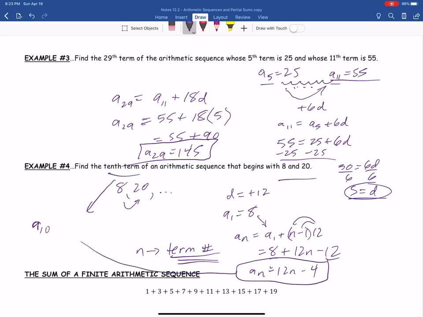Well, let's just go back up there and chuck 10 in for all of our n's. So A sub 10 is equal to 12 times 10 minus 4. That's going to be 120 minus 4. And our 10th term, ladies and gents, is going to be 116.